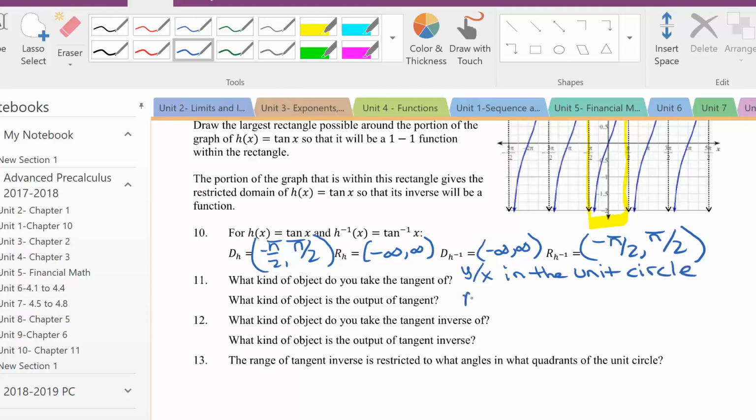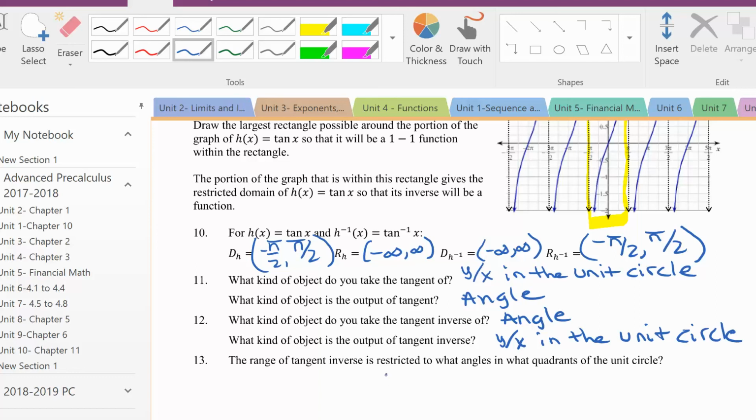And what kind of output is it? It's an angle. The object that you take the tangent inverse of is the ratio, and the output is the angle, where the ratio is y over x in the unit circle. And the quadrants are the same as for the sine inverse.